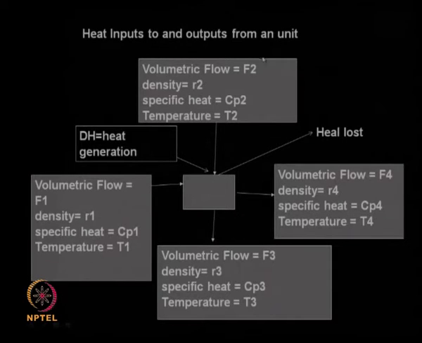Similarly, for this particular fluid it will be the mass, that means flow rate times density, times specific heat times delta T, that is the temperature at which it is corrected to at a certain value. Similarly, the heat for the next stream will also be the mass, that is flow rate times density times specific heat times delta T, and similarly for the 4th stream the total is flow rate times density times specific heat times some temperature.